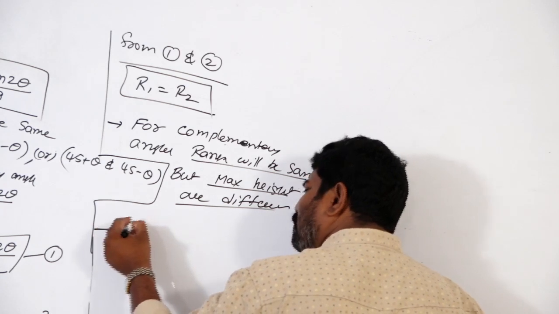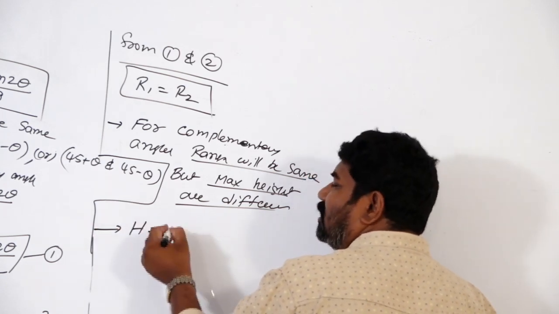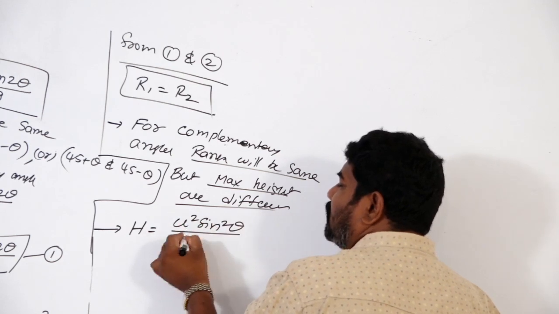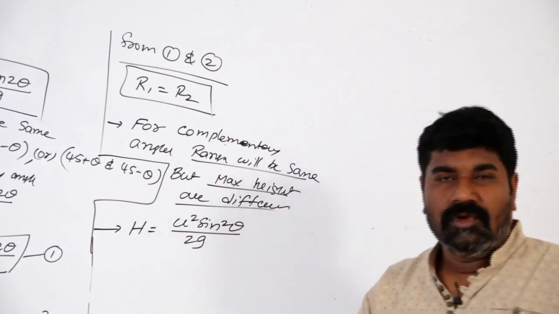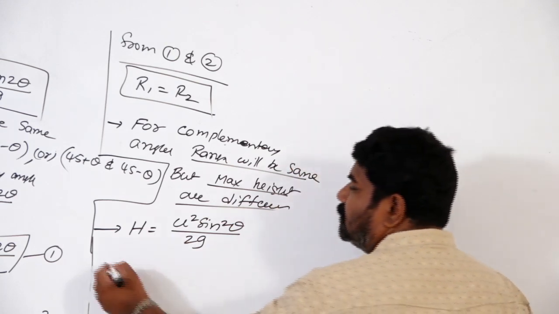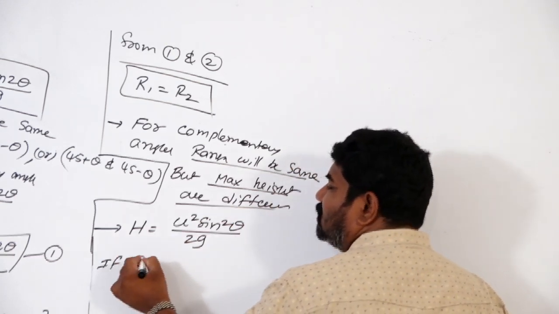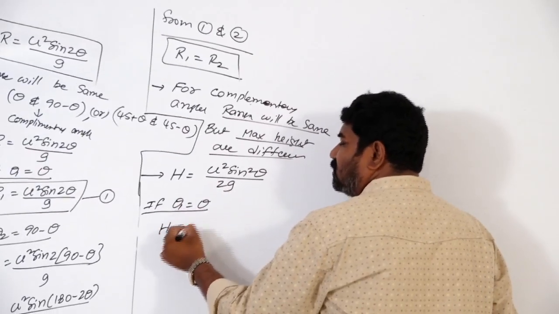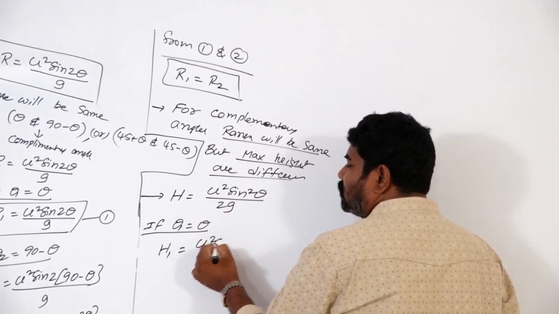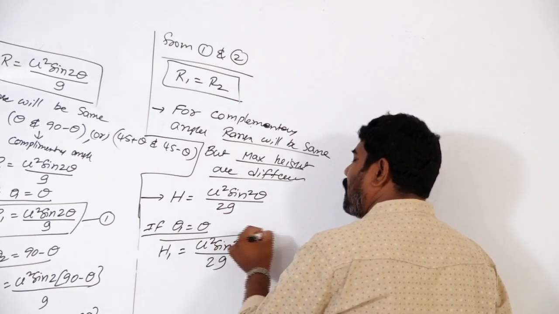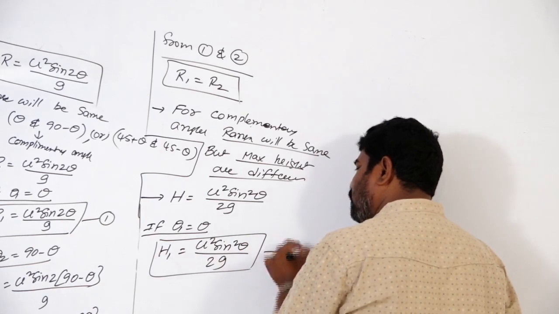What is the formula for the maximum height? H is equal to u square sin square theta by 2g. Now we go for the maximum heights for the complementary angles. If theta 1 is equal to theta, then H1 is equal to u square sin square theta by 2g. This is equation number 1.